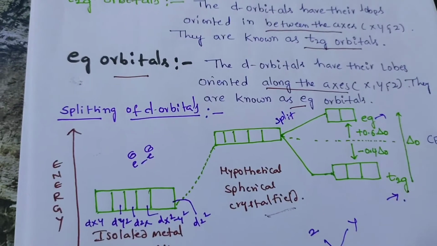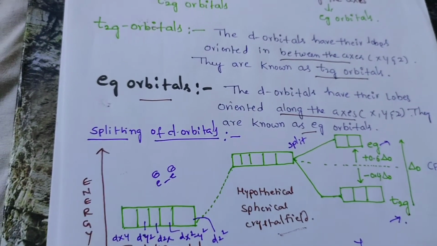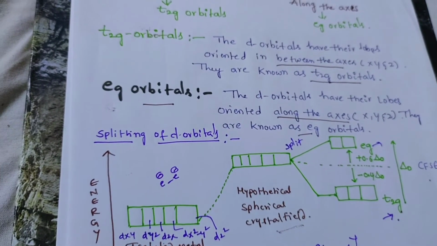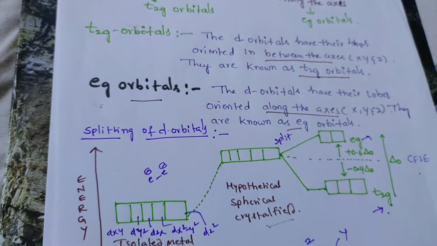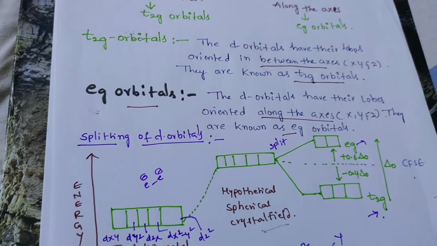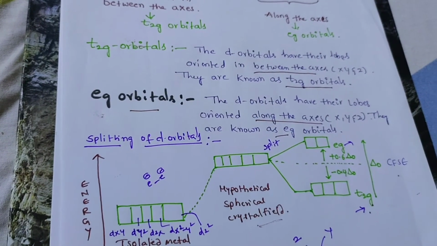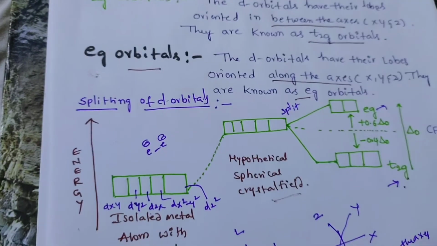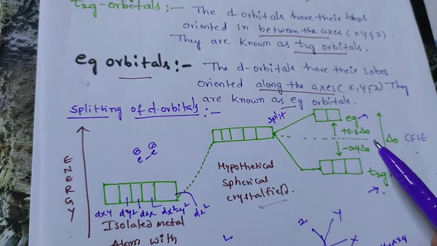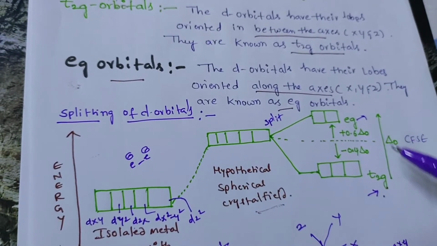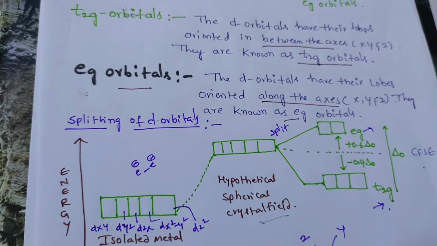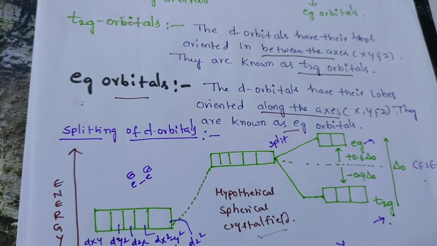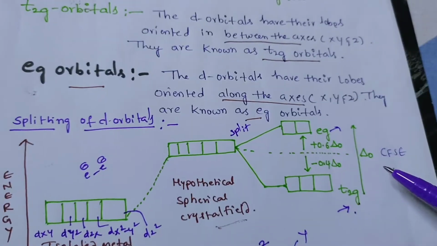And next are the Eg orbitals, dx square minus y square and dz square. These are along the axis and experience more repulsions. The difference between the two sets of orbitals, Eg and T2g, is called the crystal field splitting energy, written as delta, where o stands for octahedral complexes.